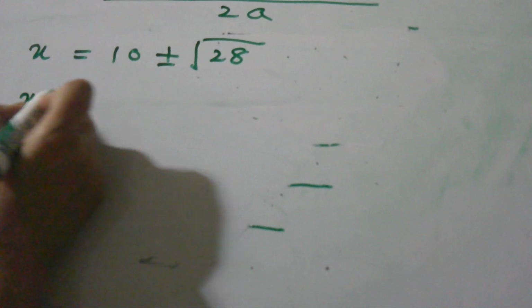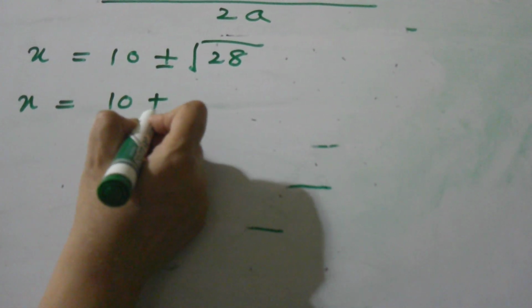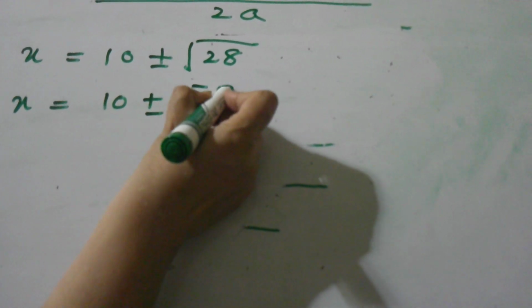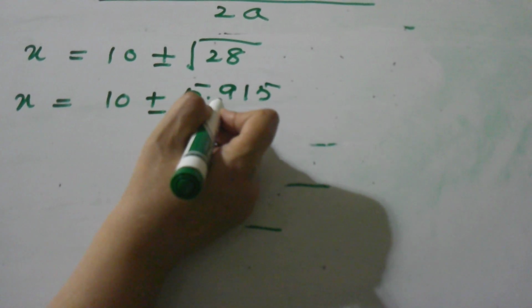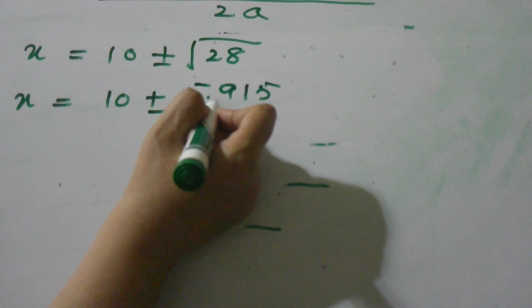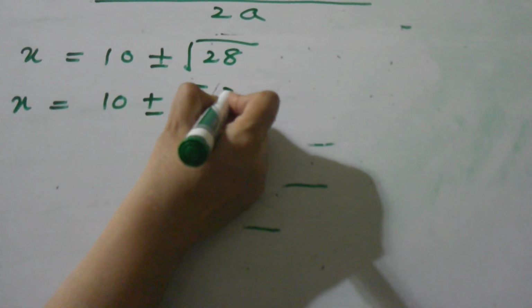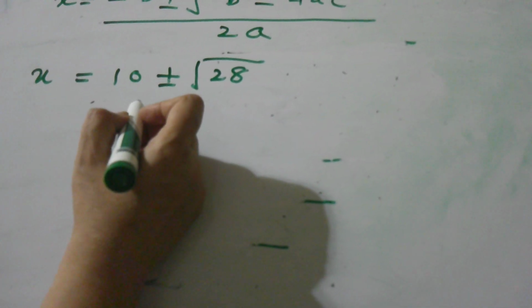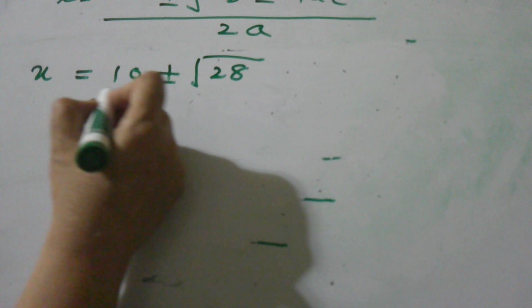So x is equal to 10 ± the square root of 28 over 2.